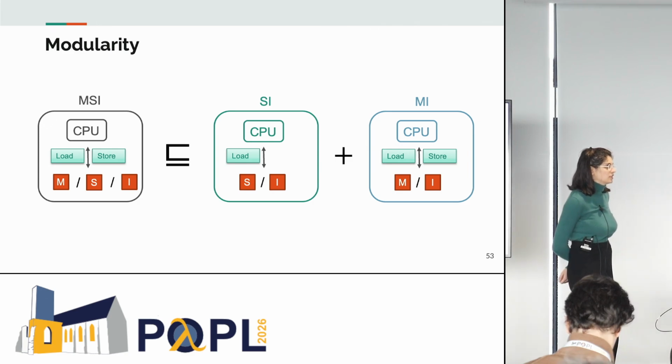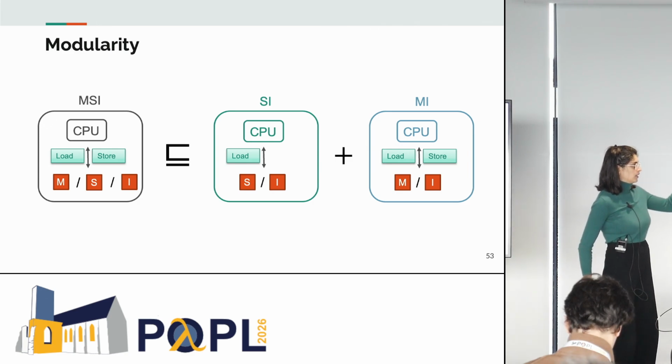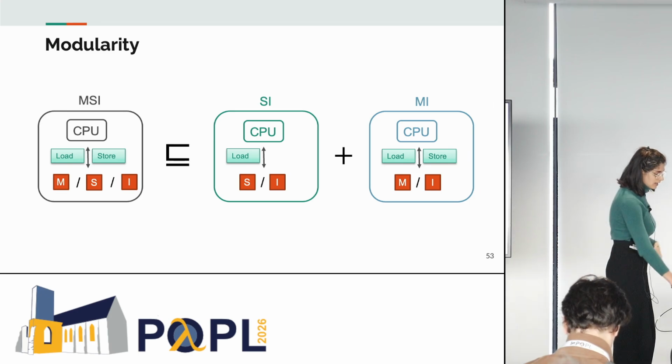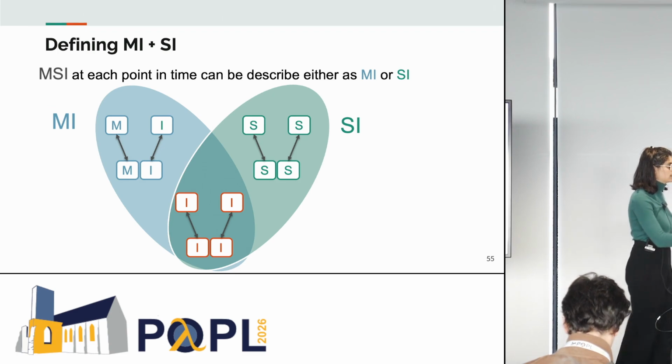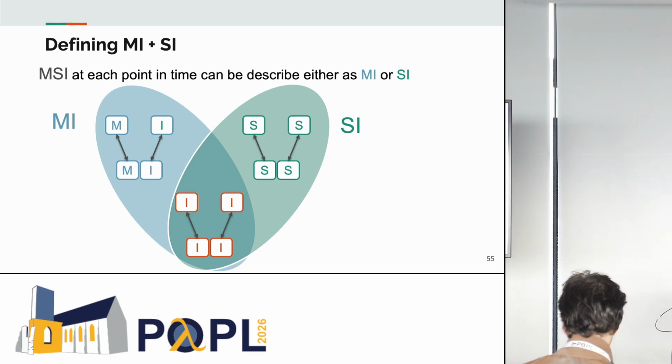Yeah, I didn't prove it, but I expect that if you add a new state, like an O state, you can still come up with this diagram, where it should still go to I, so you can come up with these subprotocols. This part of the proofs is reusable, right? You don't have to prove it again, you just have to add that part. So this is also a cool thing about how decomposition can lead to reusable proofs.